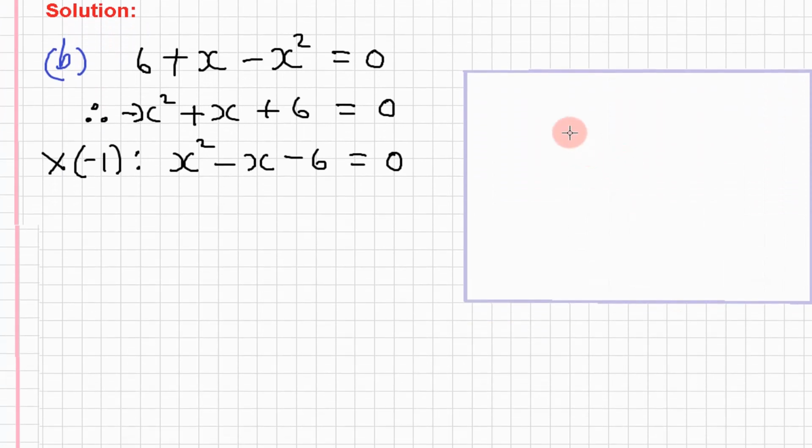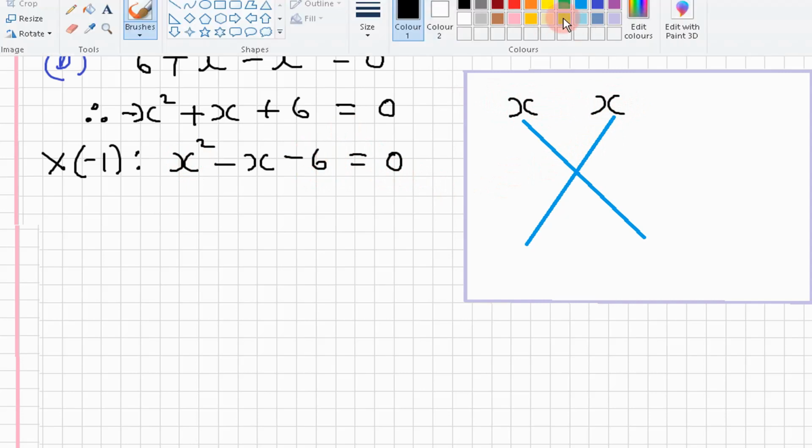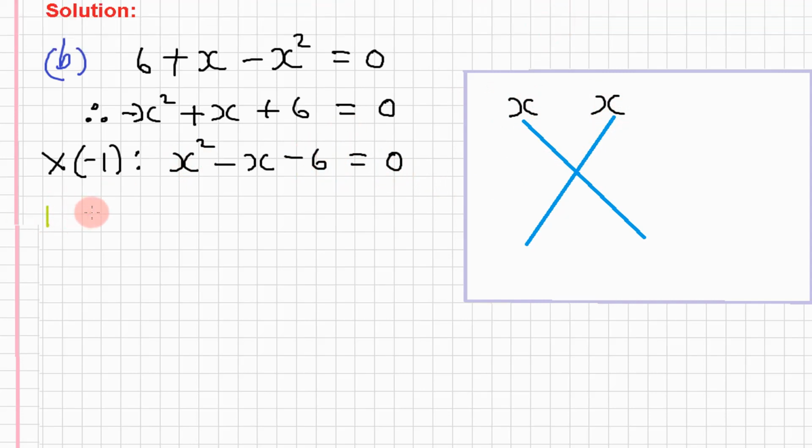So we draw the cross. The factors of x squared will be x and x. Now we can look at the factors of 6. Of course, it's 1 and 6, and 2 and 3.